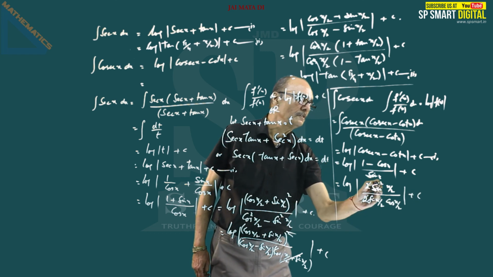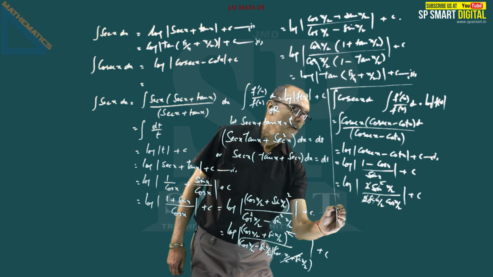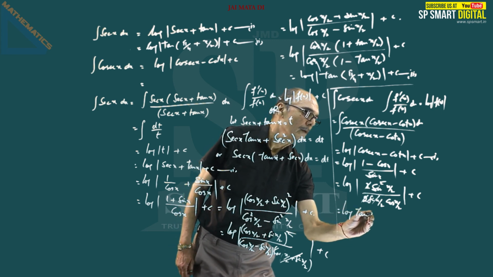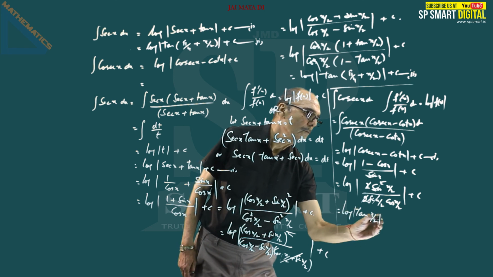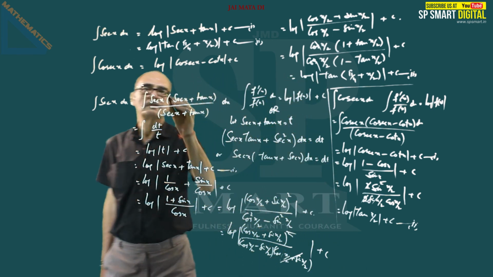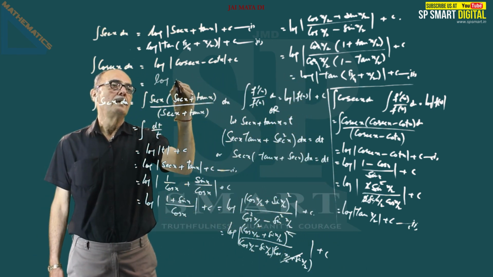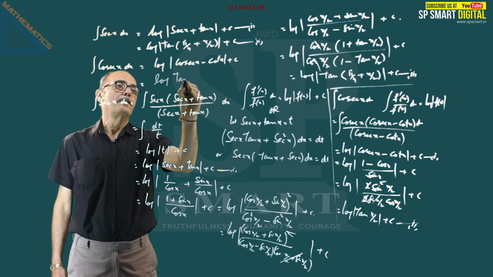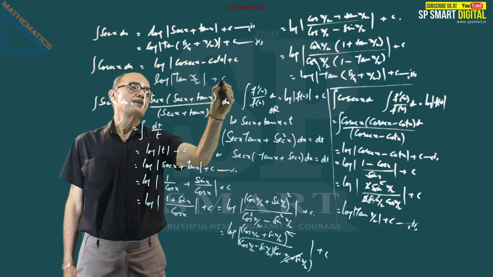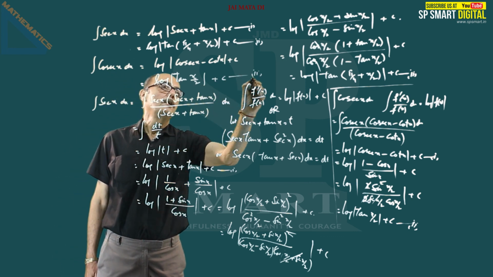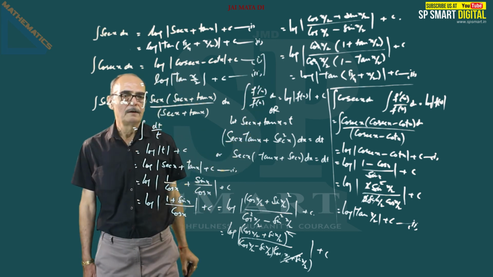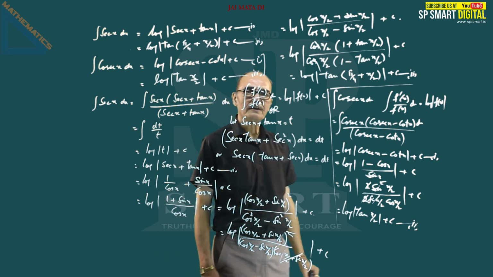The 2 cancels, the square cancels, and you are left with log of tan of x by 2 plus c. This is the second form, which we put here: log of tan of x by 2 plus constant c. Both these forms are frequently used in integration.